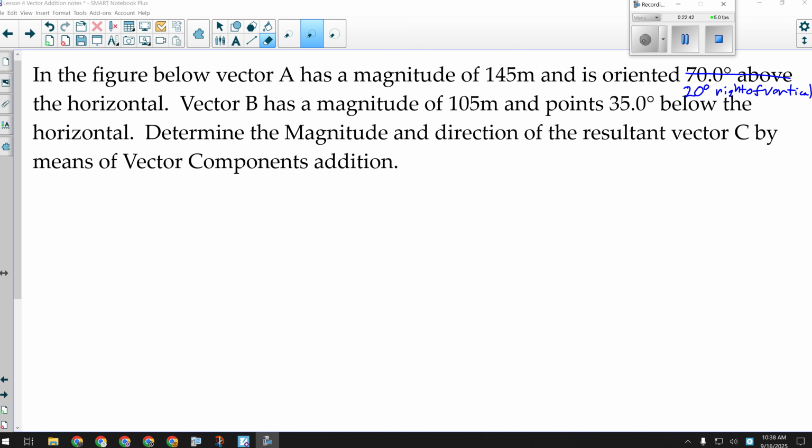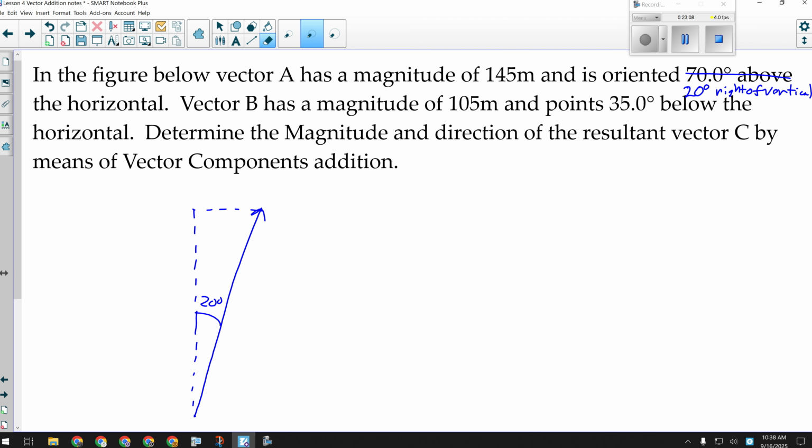Okay, so our first vector is 145 meters and it's 20 degrees right of vertical. So that means I need to draw a line that's vertical, and this line is 20 degrees right of it. So this is a skinny triangle. 20 degrees, pretty skinny triangle.